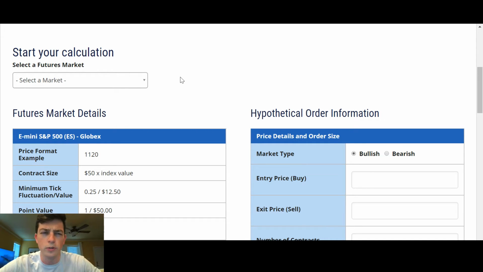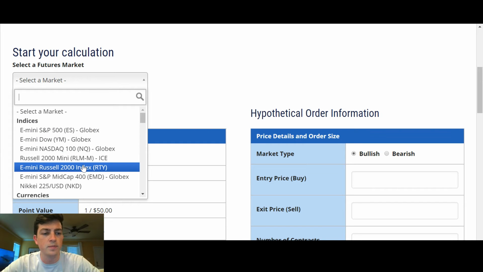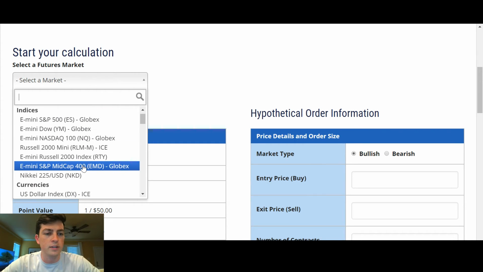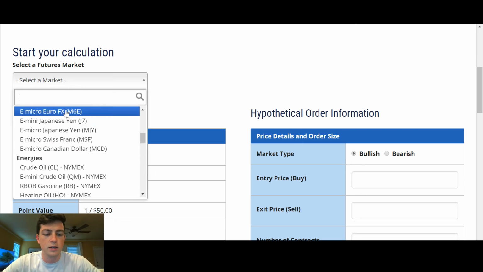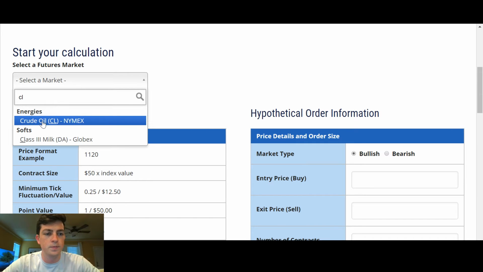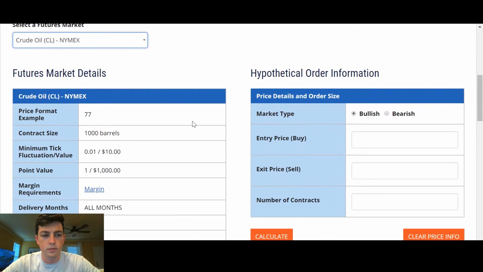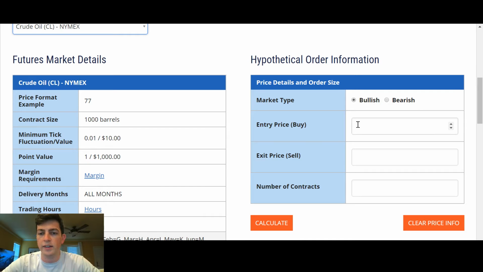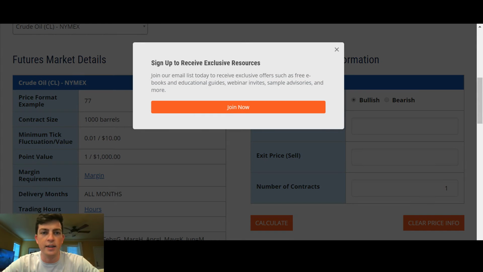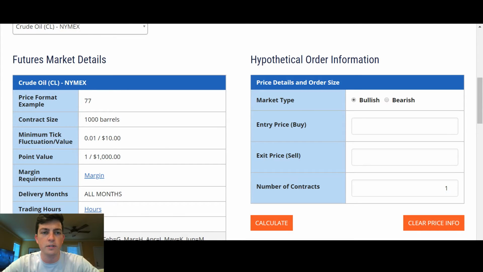So what I'm gonna do is I'm gonna go to this thing over here. You can just Google futures trading calculators. This is on danielstrading.com. Select your market. What we're gonna do is select crude oil, and let's just say I'm bullish for one contract and I need a $1.62 move.